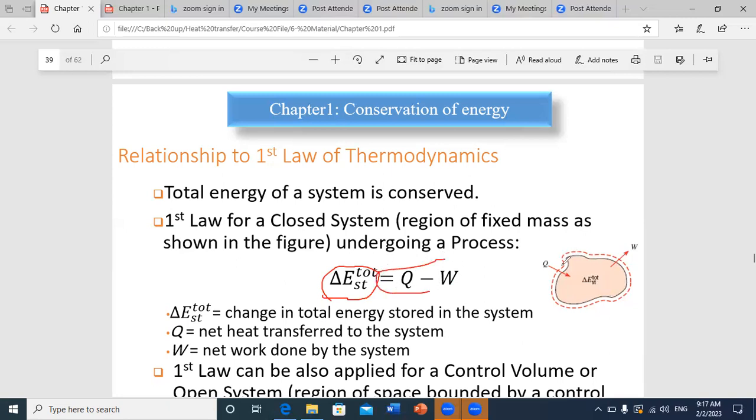If you put heat on your system, this will lead to increase of its energy. If your system loses heat, this will reduce its energy. Another way to change energy of your system is to put work on it, or if your system itself produces work, it will lose energy.